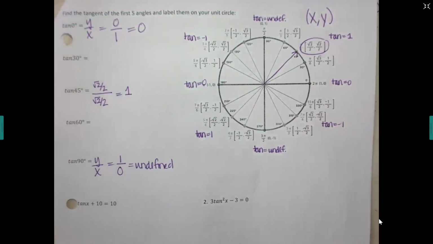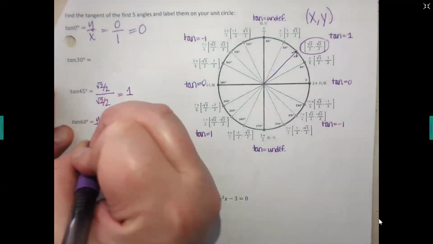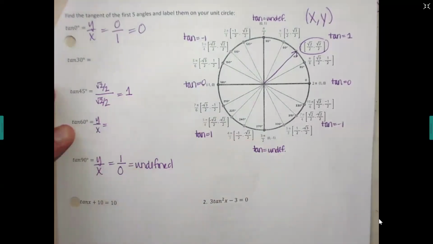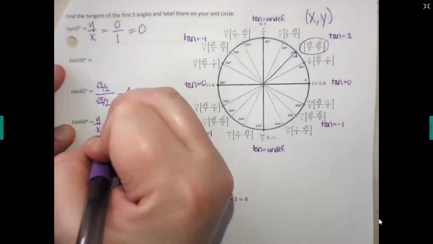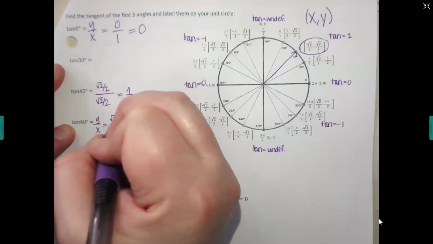All right, we have 2 more left. We're going to do 60 next. At 60, what would y divided by x be? Make sure you put the y first.